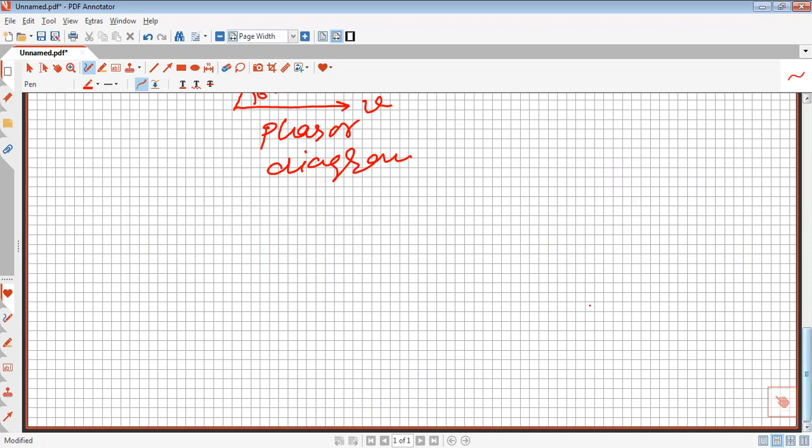Now we will see one example so that we can understand more about the phasor diagram.